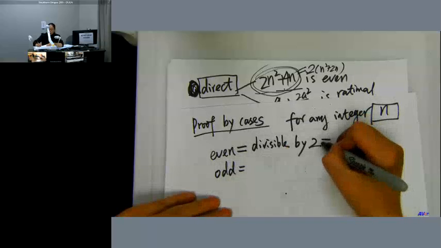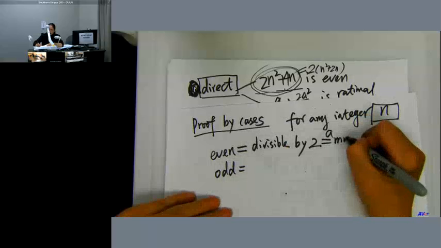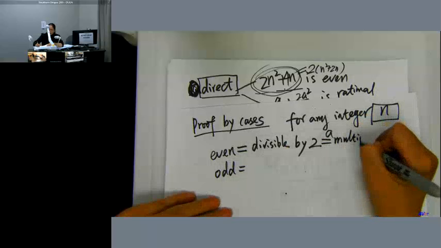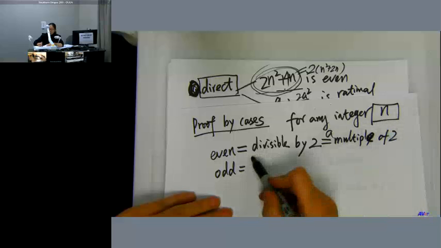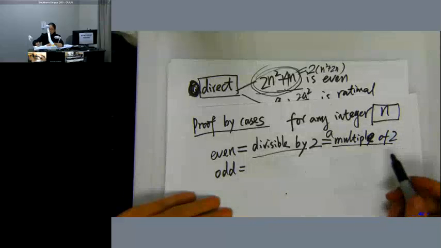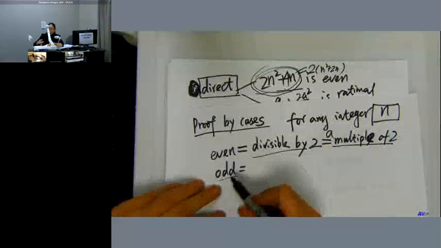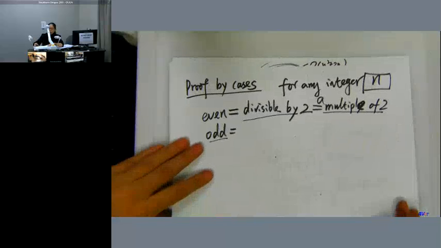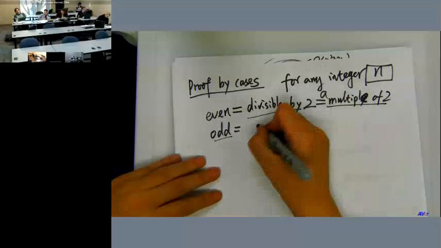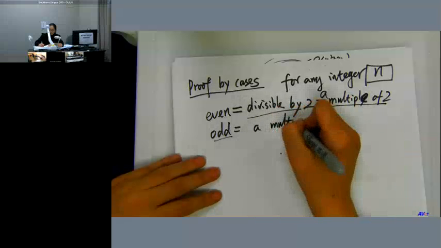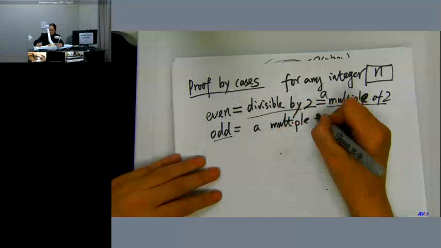Divisible by 2, there's another way to say it: multiple of 2. Right? You can say divisible by 2 or multiple of 2, they're the same thing. So what kind of number is odd? What's the other way to call an odd number? A multiple of 2 plus 1. Yes, a multiple of 2 plus 1.